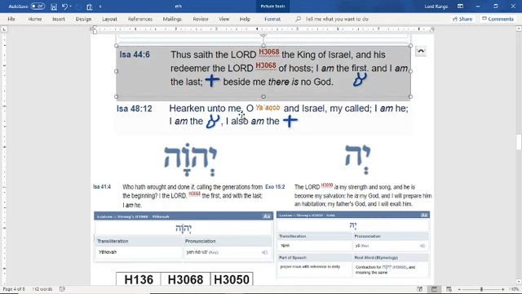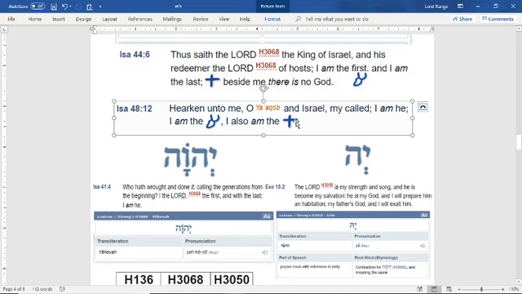So hearken unto me, O ye Jacob, and Yisrael, my called. And again, Jacob is Israel. So hearken unto me, O Israel. I am He. I am the first. I am El. I also am the last. In other words, he's El that is going to be crucified.